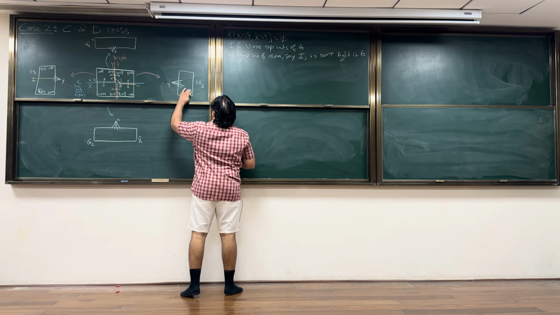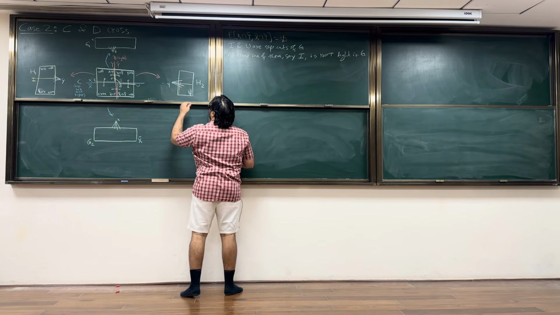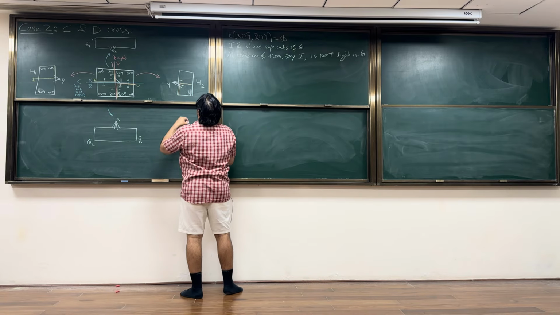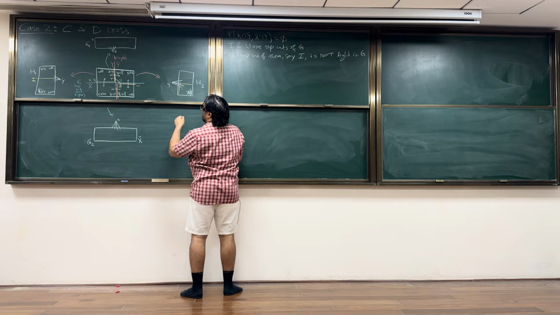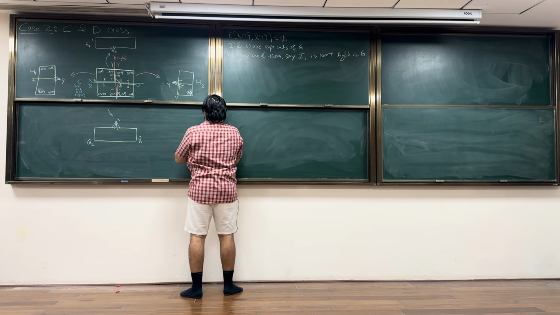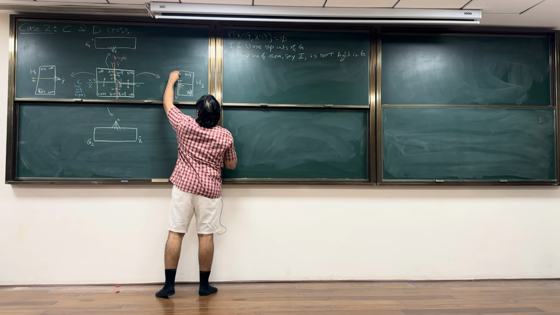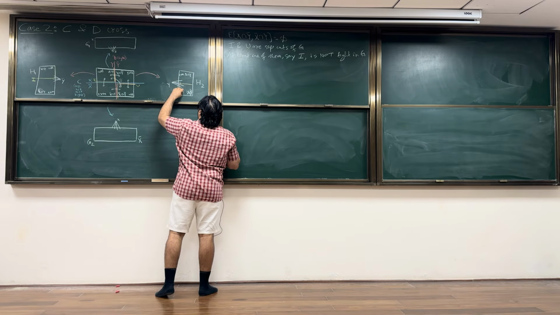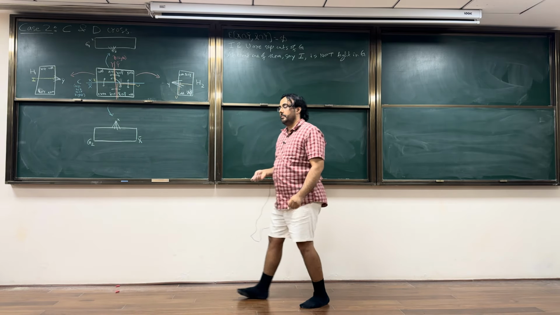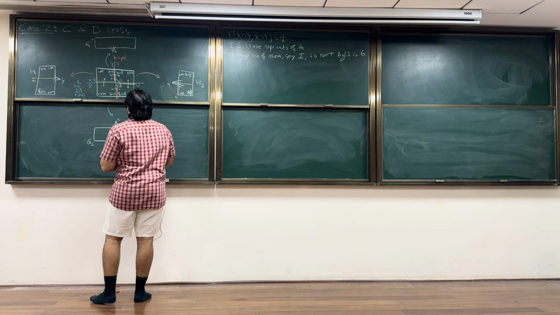So this is my X bar intersection Y bar. The cut is U, and this is my set X intersection Y bar. This is even, plus 1, odd. This is odd. What should I draw here?